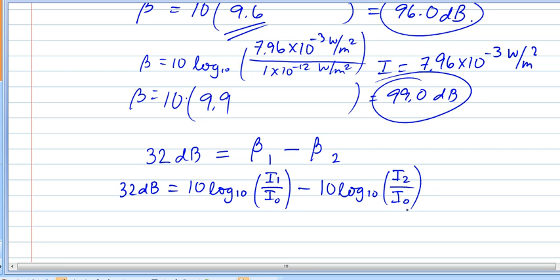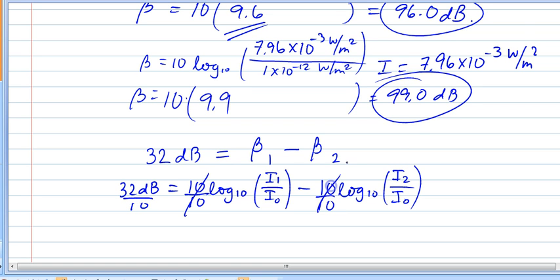Alright, now something that you need to understand about logarithms is that when you subtract them, you actually end up dividing. But the thing that I can do first is divide everything by 10. That's cool.